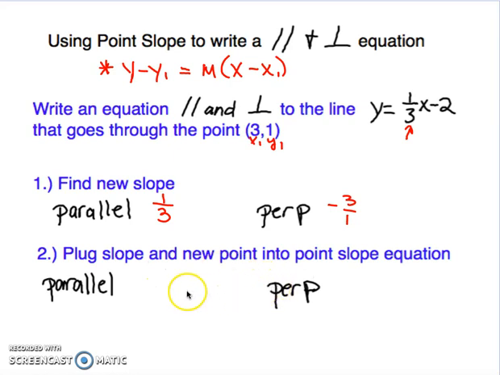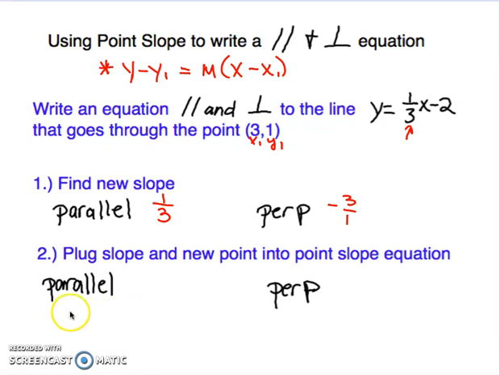When you write your equation, you're going to set it up just like this. You are going to place your new m for your slope and your x1, y1 respectively into your new formula.